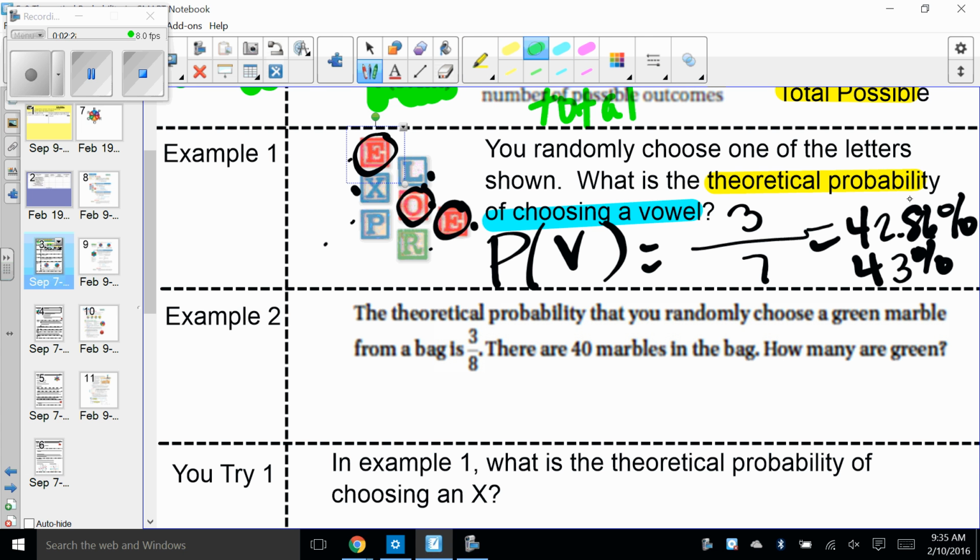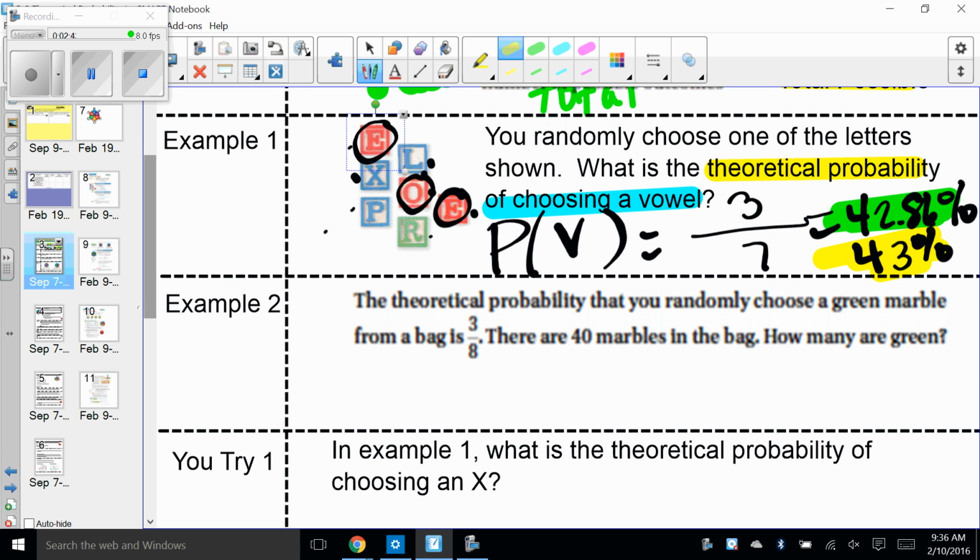I will accept the answer in green, or I'll accept the answer that you see on my screen in yellow, 42.86%, or I'll accept 43% chance of getting a vowel. So then you have a 4 out of 7 chance of getting a consonant. So that's our first example of theoretical probability of what we think should happen. Doesn't mean it's going to happen for sure if we were to grab blocks out of a bag.